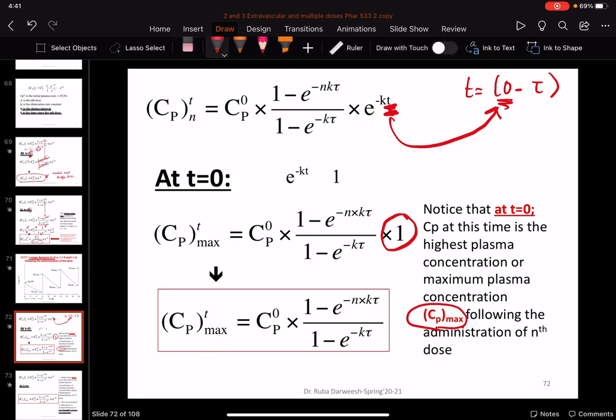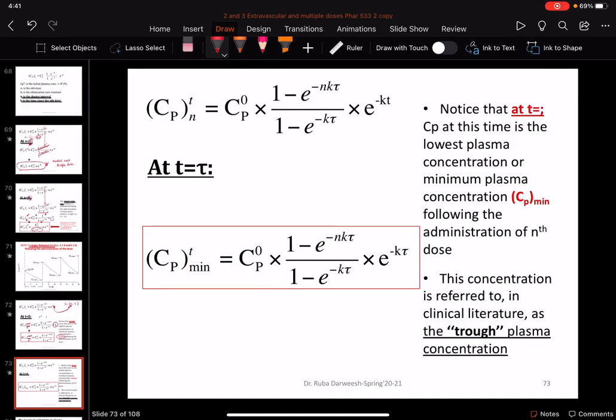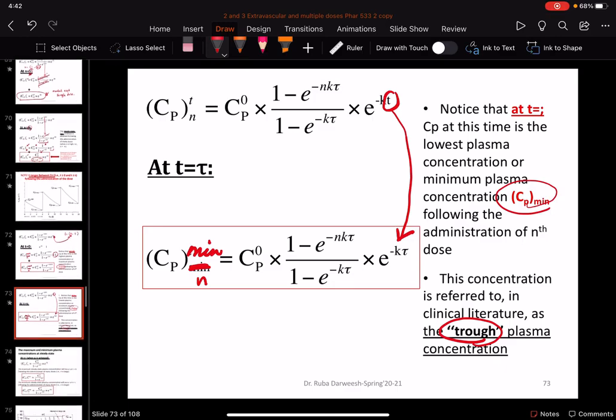This is the maximum or peak for the nth dose. For the time equal tau, again, this would be the minimum at the nth dose or the trough at the nth dose. We need to just substitute this with tau, which is the minimum concentration at the nth dose, whatsoever the nth dose that we are talking about.